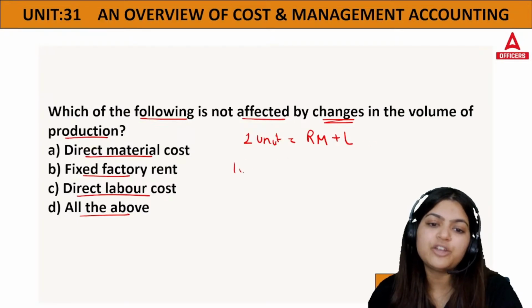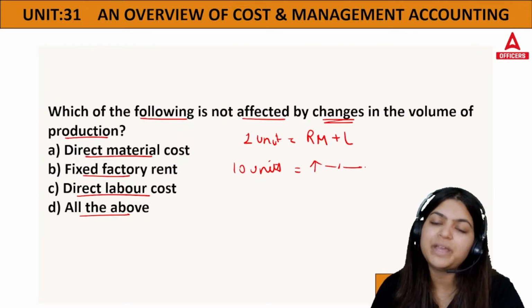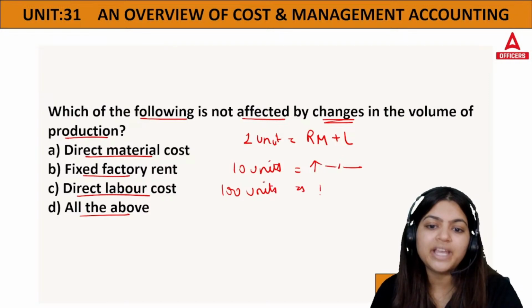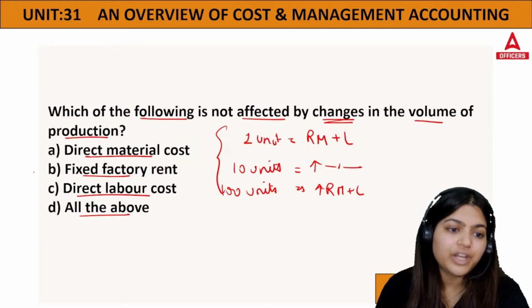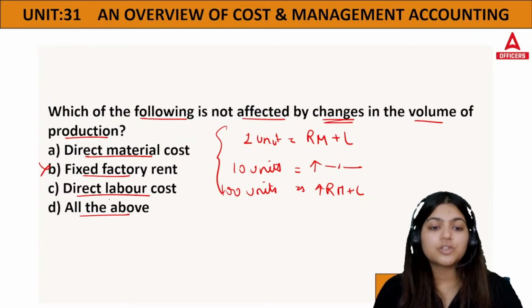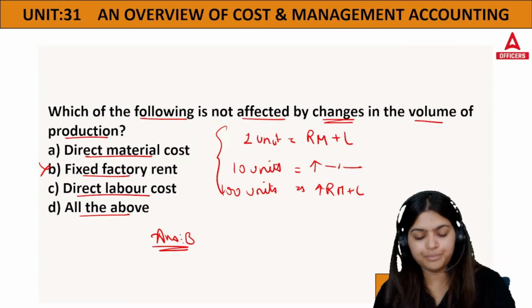Now, if you are manufacturing 10 units, you will increase your raw material and pay more. If you are manufacturing 100 units, you will again increase your raw material plus labor expenses. So all these things change as per volume of production. But factory rent payment you are not going to change, and the insurance amount you are not going to change. So that's why the correct answer here is B.